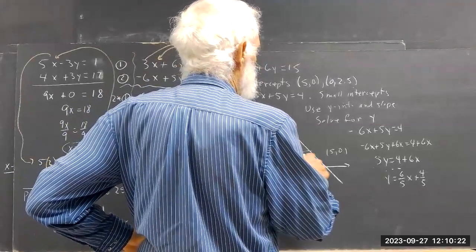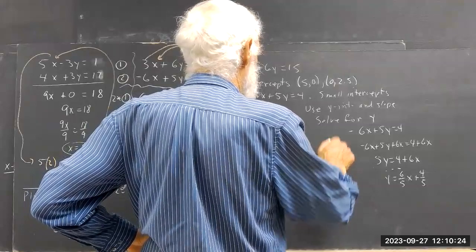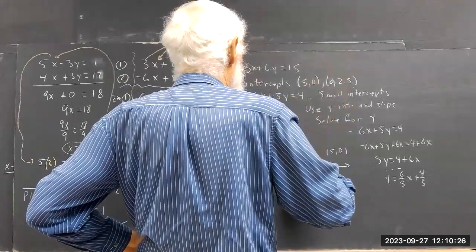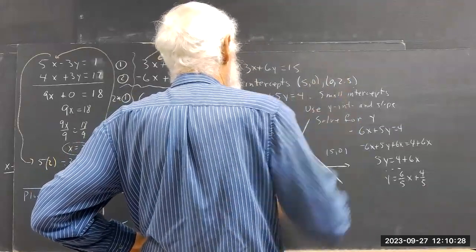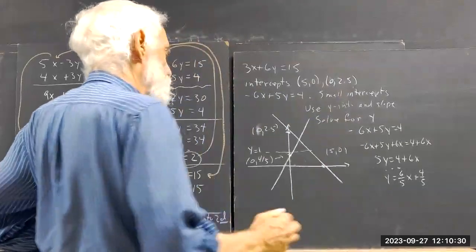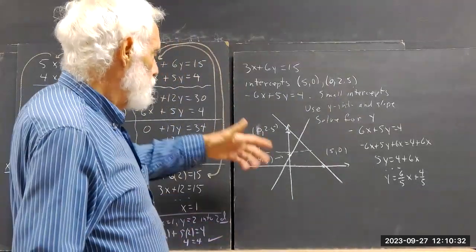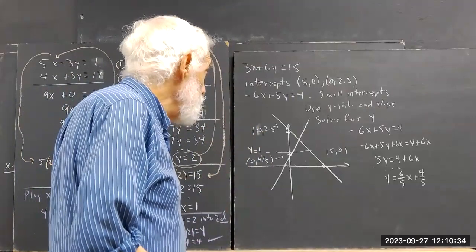That means if we count over 6, you'd have to go up 5, which is about here, which would be the graph, something like this. I don't want to go into the detail of that, because it's kind of a distraction.